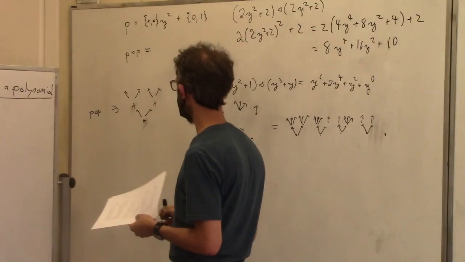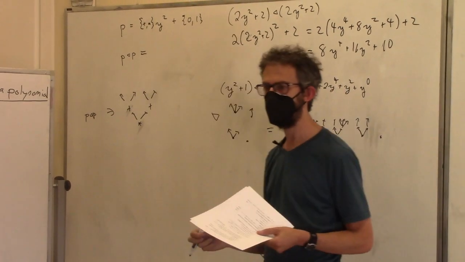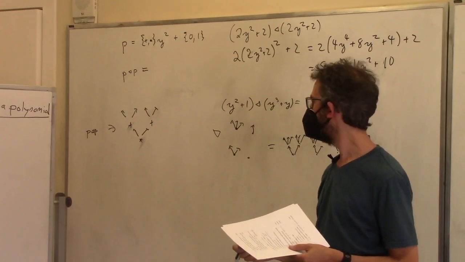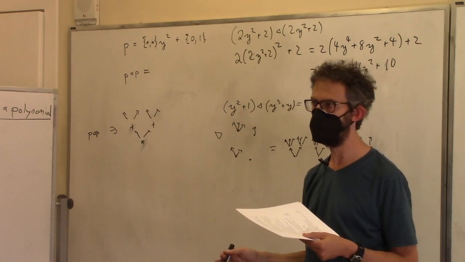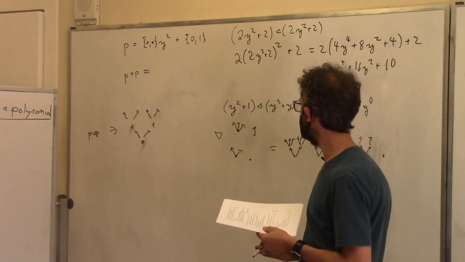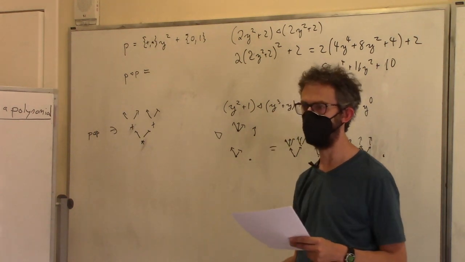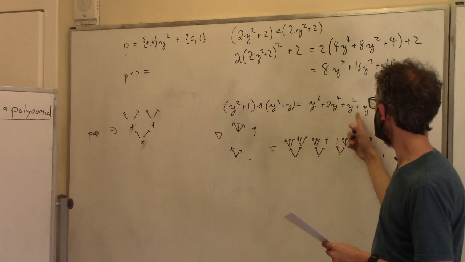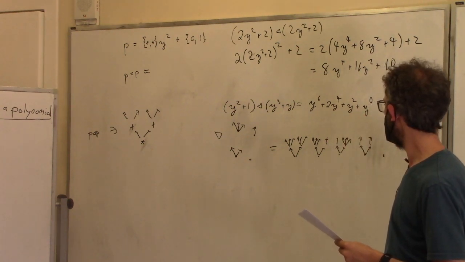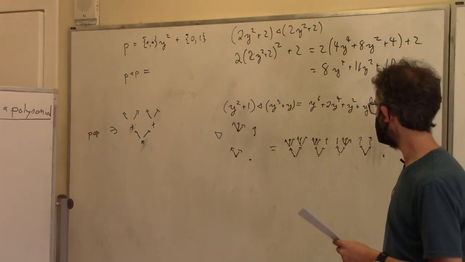Does that make sense? Any questions about these pictures? Composition of polynomials? I'm just plugging one polynomial into another, yeah. The terms that you're going to get here is, like, you could have substituted in 1 for y here to figure out how many terms you would have gotten. Yeah. Yep.